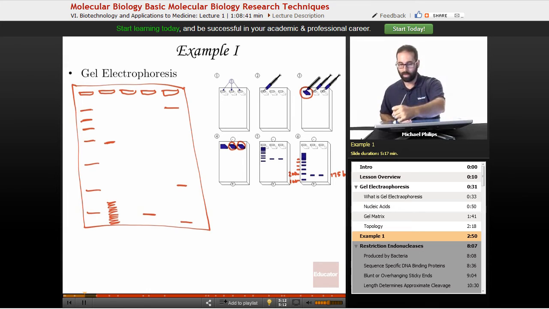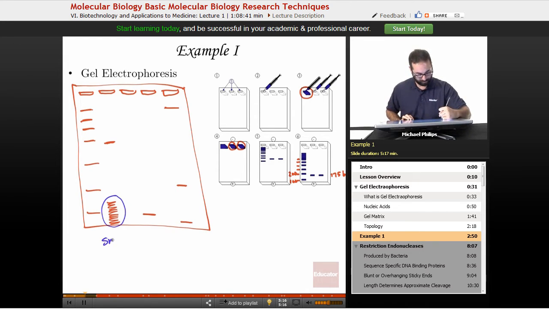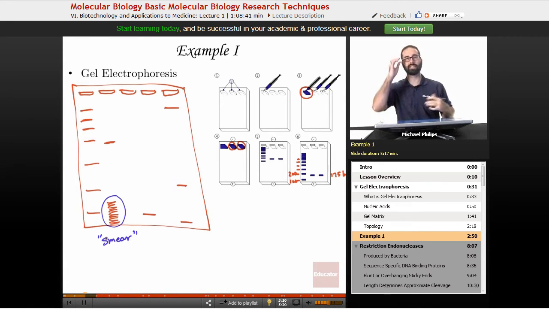First of all, what this is right here, we call this a smear. A smear usually consists of many different molecules with differing sizes, or many different molecules of differing superhelical nature.